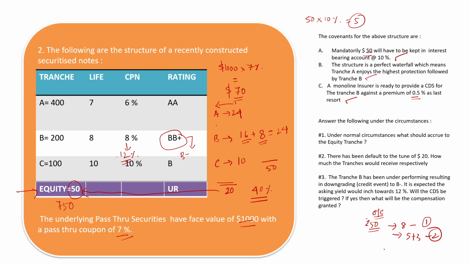The third alternate could be that since there is a monoline insurer which is ready to provide the additional yield because of this credit event, the monoline insurer will be meeting this exigency and will be providing this $8 altogether. Of course, this 0.5% premium is still being paid regardless of whether the credit event takes place or not.